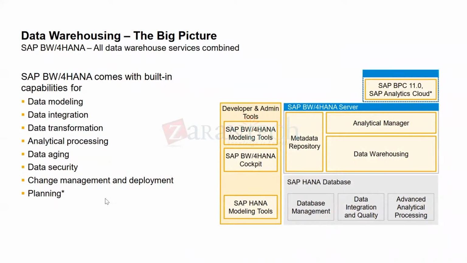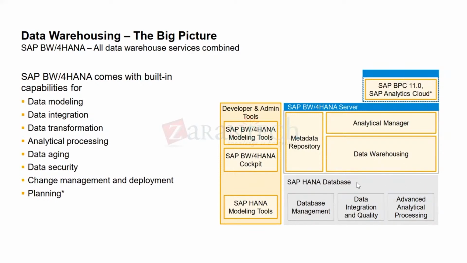Now planning would be an add-on on top of BW for HANA, and then you can also do planning in SAP Analytics Cloud as well. Both the tools will support the planning activities. Still, I think consolidation is not possible in SAP Analytics Cloud. We still have to go for BW based planning application for consolidation activities.